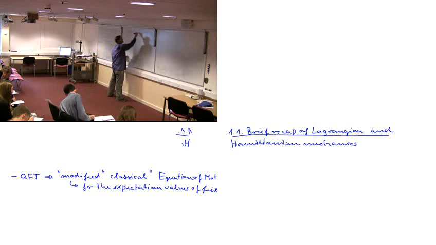There are basically two approaches to classical field theory, or also to classical mechanics, and that's typically the Lagrangian and the Hamiltonian approach. You've probably seen it, but let me just very briefly recap it.